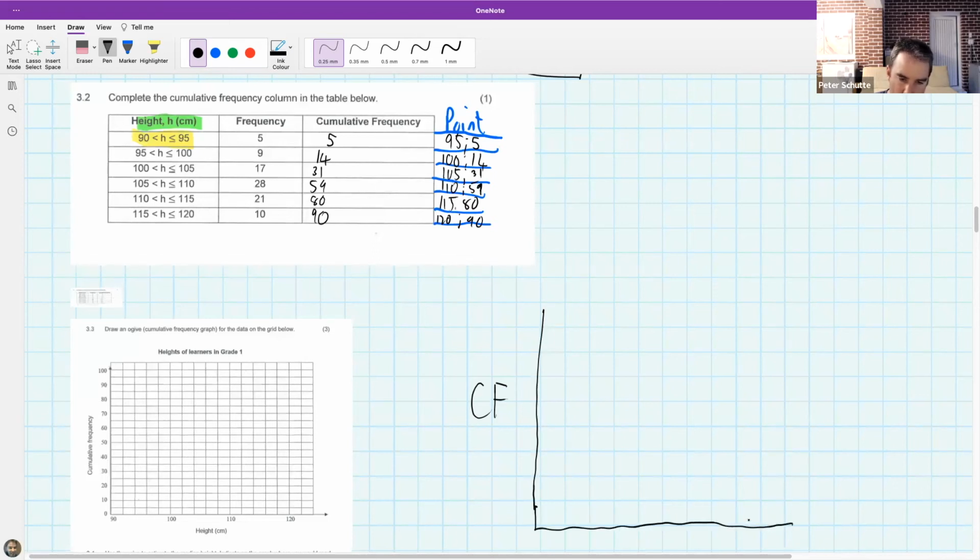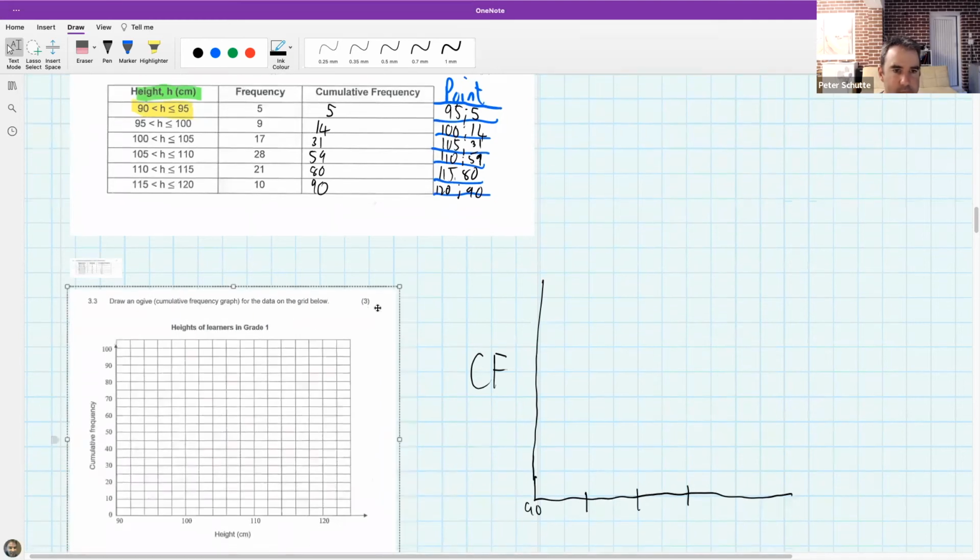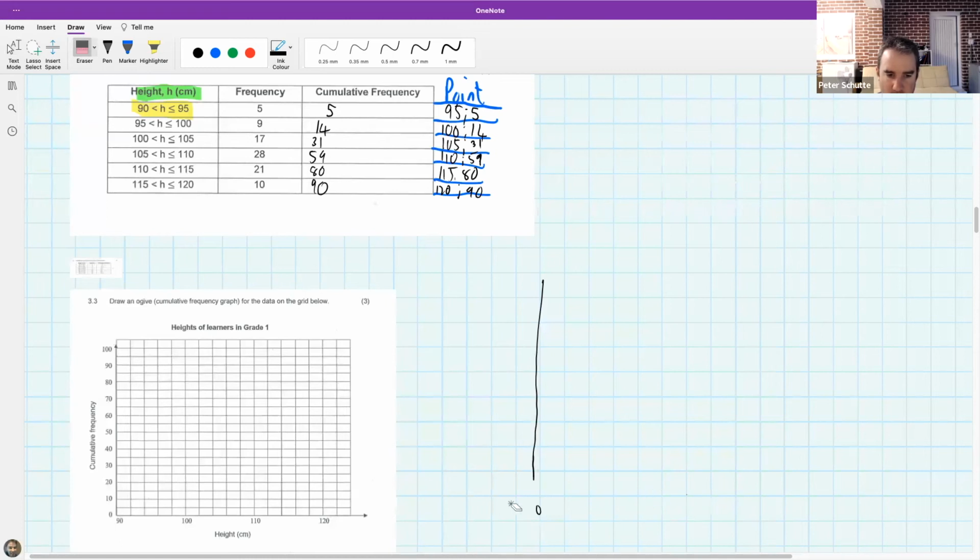On your horizontal, you are going to start at 90 and go all the way up to 120. So 100, 110, 120. And I want you to plot these points and join them to draw a cumulative frequency curve or ogive. And once you're done with that, just put in the chat curve done or ogive done.